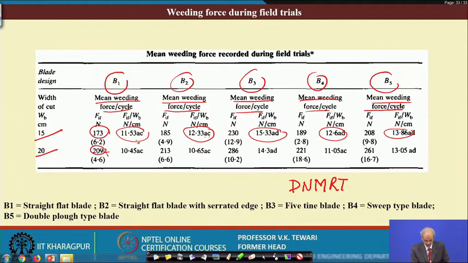The ones which are closer are very close to each other, and the ones which vary are markedly different from those values. So, statistically we found out how close the values we got for B1, B2, B3, B4 are, and that is why we use this statistical test for the two widths of cut of these blades.